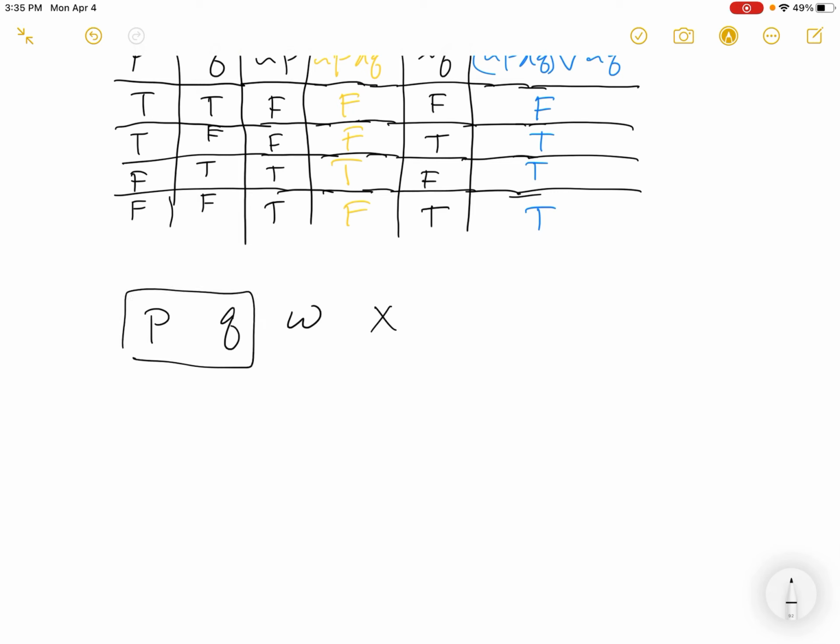If we expand it and have 3 variables, then what they found is that you will have 2 to the n rows when you have n statements.